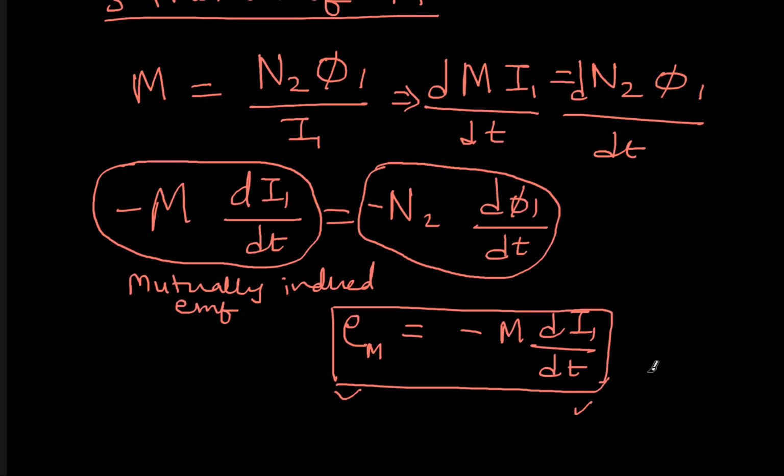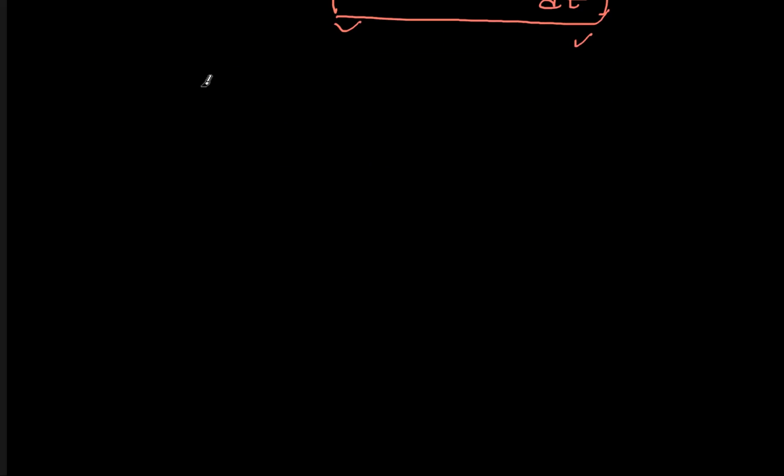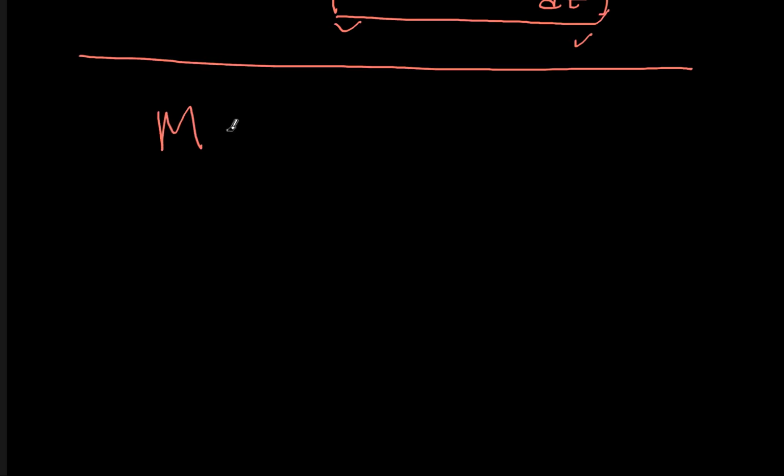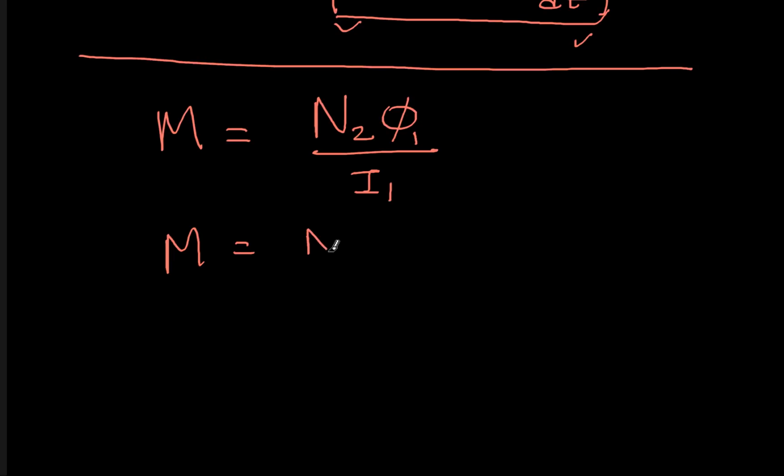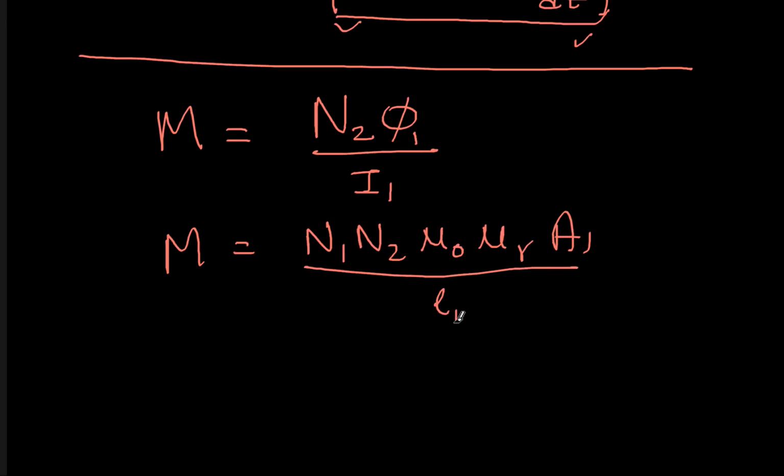So let me summarize all the three methods that we have discussed. The first method: mutual inductance M is nothing but N2 phi 1 by I1, that is the flux of the first coil linking with the second coil divided by the current in the first coil. Another way to define M is N1 N2 mu naught mu r A1 by L1. This is based on the geometrical properties.